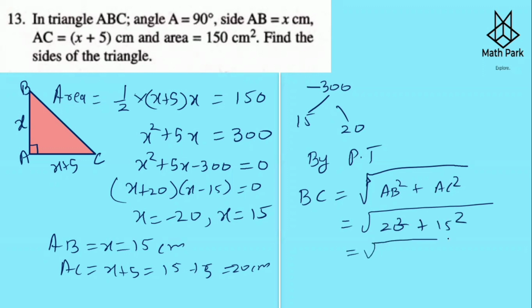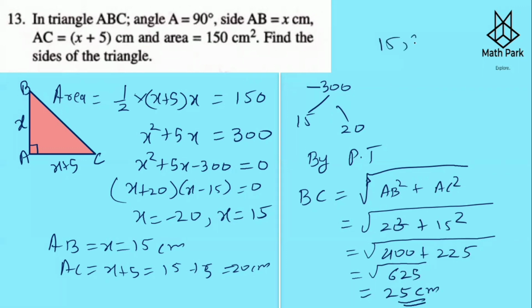So 20 square is 400, 15 square is 225, which is square root of 625, and square root of 625 is 25 centimeter. So this is how we get the sides of this triangle as 15, 20 and 25 centimeter. It is the Pythagorean triplet again. Got it? Moving to question number 14.